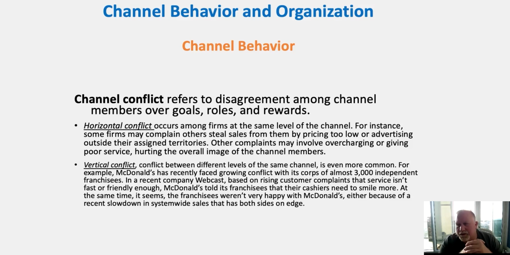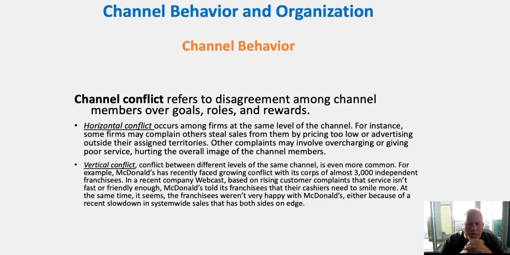What's the best you can do? Then you call the other one, you have them competing against each other. That causes what we call a horizontal conflict. Those members are competing against each other, causing conflict, and as a result, you get price erosion, and it hurts the overall image because they're making each other look bad by undercutting each other.